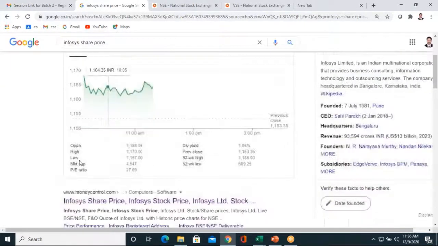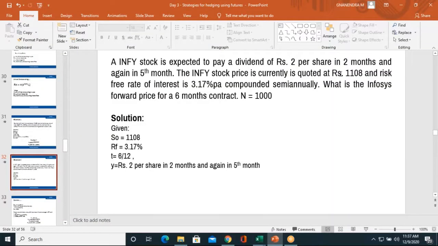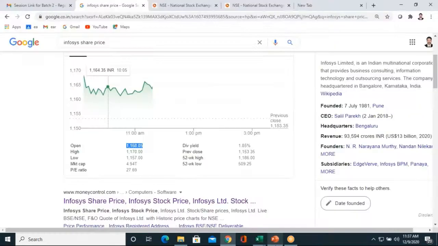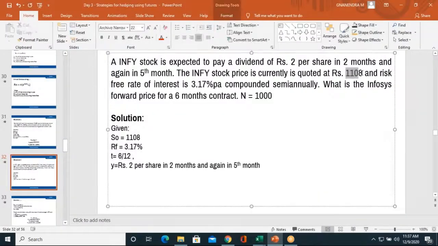You can see here the open price is 1168.05. So that was the closing price. In that case I have to take 1168. But still I have assumed that the closing price is 1108 and the risk-free rate of return is 3.17. It's all assumption, compounded semi-annually.